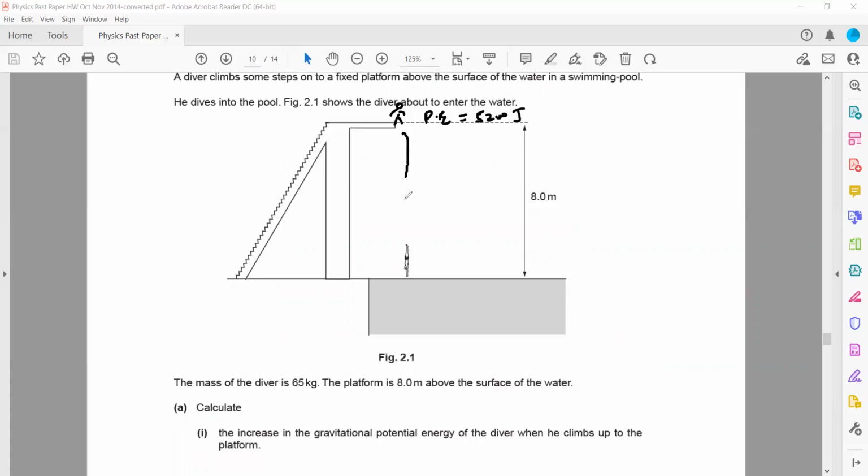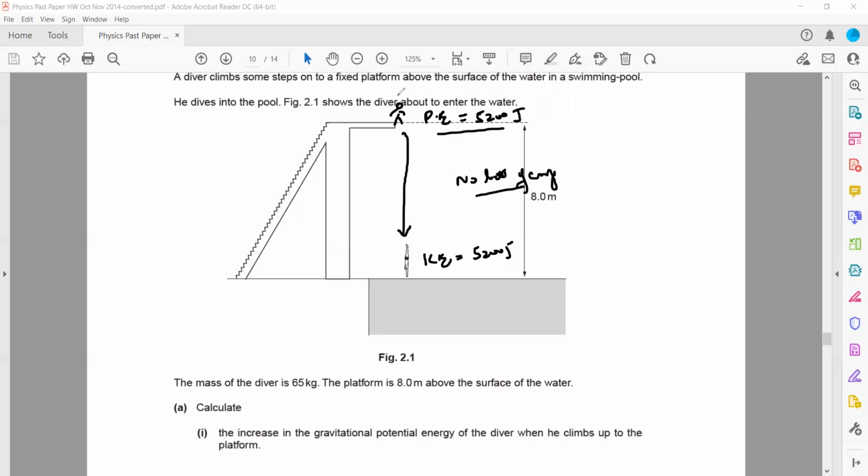But when he jumps, his potential energy is decreasing and his kinetic energy will increase. Before hitting, he will have the maximum kinetic energy. Because there is no loss in the question, they mention to ignore the effect of air resistance, so it means there is no loss of energy. If there is no loss of energy, all of the potential energy will turn into kinetic energy.